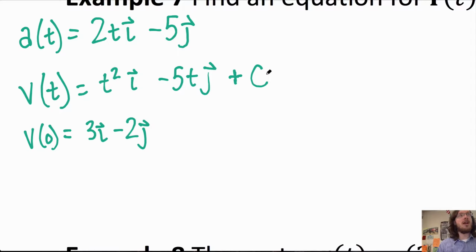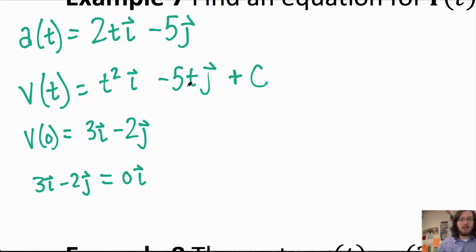Okay, and for a vector function, it could have parts both in a and in b. So let's take that 3i minus 2j, and knowing that that's equal to v naught, let's set it equal to what would happen if we plugged in 0 into our t's in our velocity equation. So we get 0 squared, that's just 0.